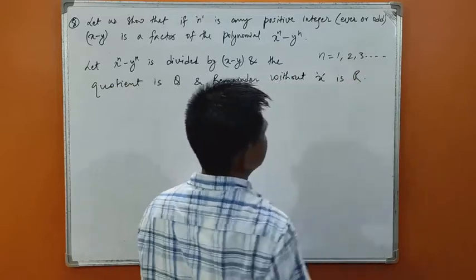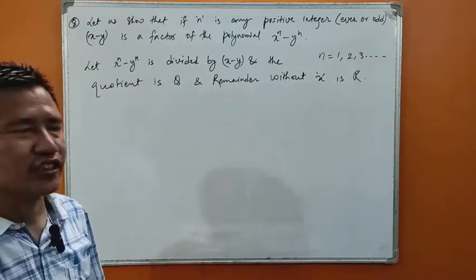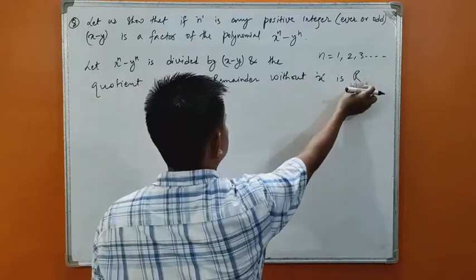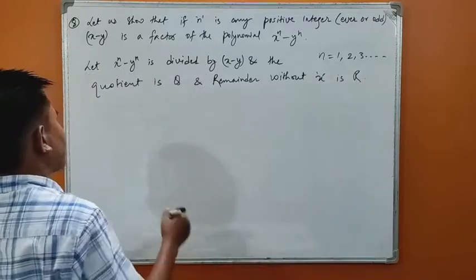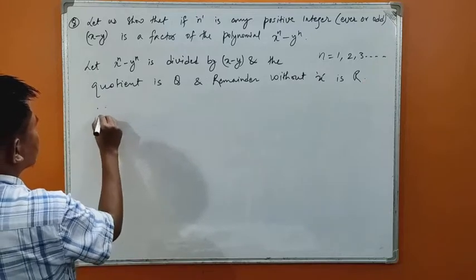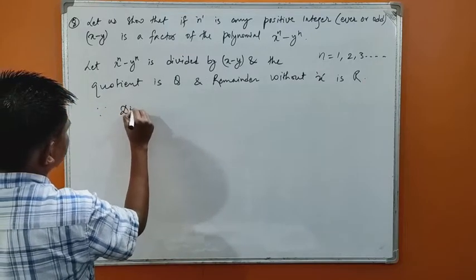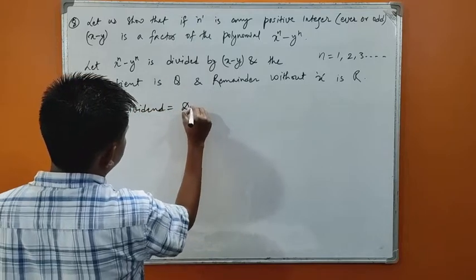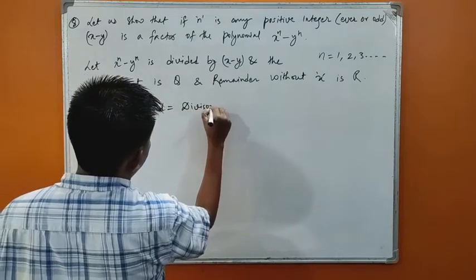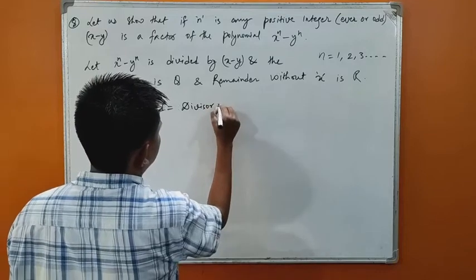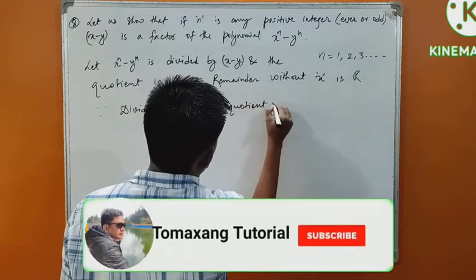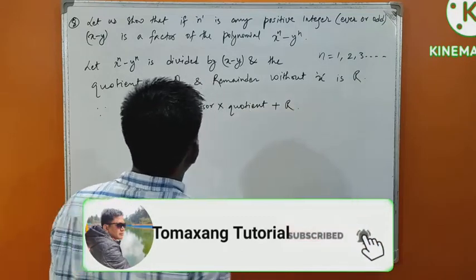Okay, we are considering the remainder as a constant number without a variable x, so we consider the remainder to be r. Since we know that dividend equals divisor into quotient plus remainder, isn't it?